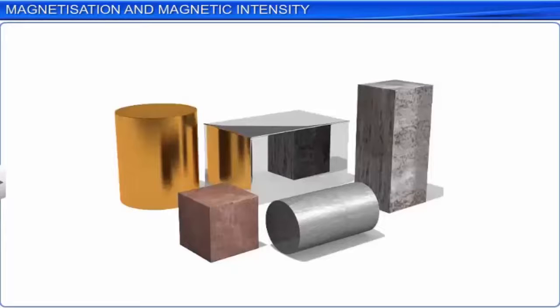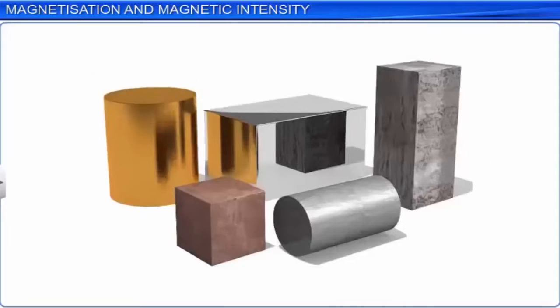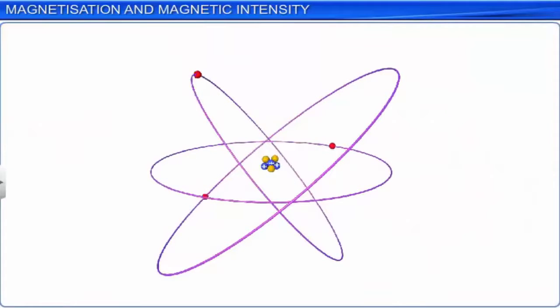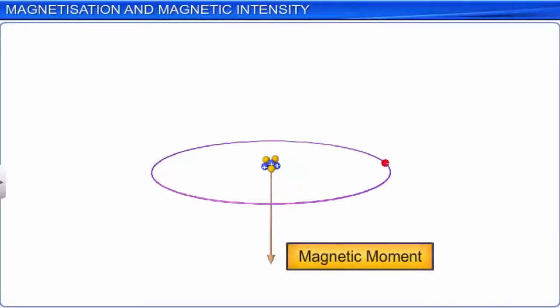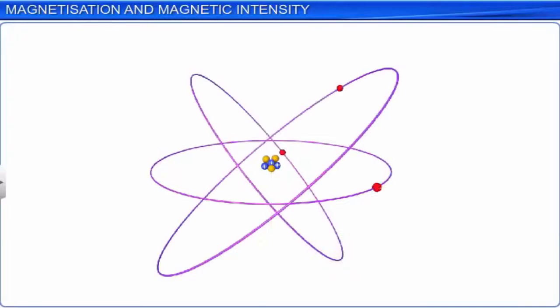We know that matter is made of atoms and atoms are made of electrons and nuclei. We have seen that a circulating electron in an atom has a magnetic moment. The resultant magnetic moment of an atom is the vector sum of the magnetic moments of all such circulating electrons in the atom.